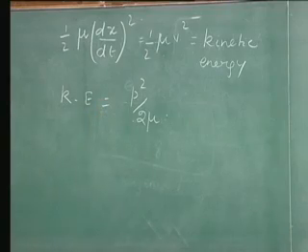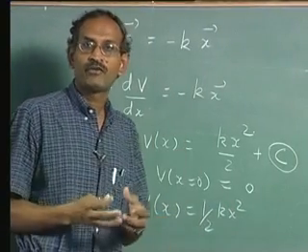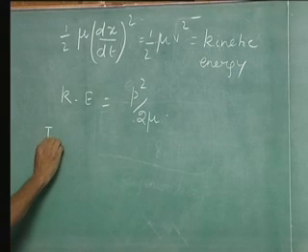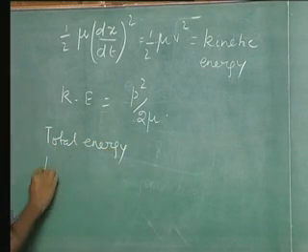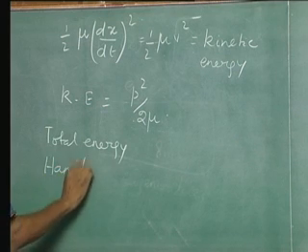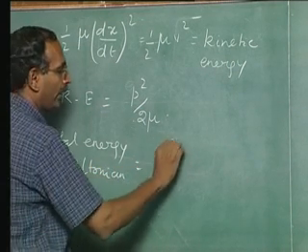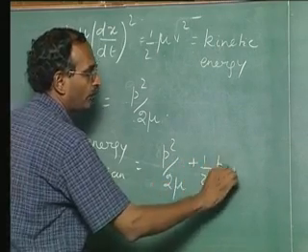This plus the potential energy represents the total energy of the harmonic oscillator, and one can write the total energy, or the Hamiltonian in classical mechanics, for the harmonic oscillator as p squared by 2 mu plus half kx square.